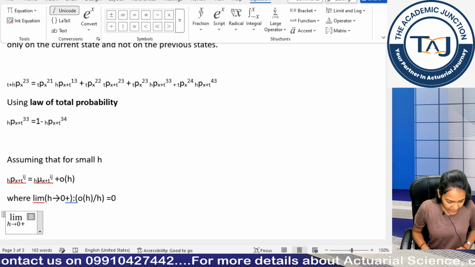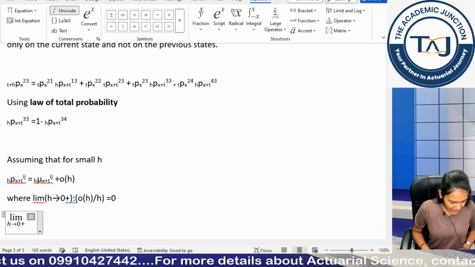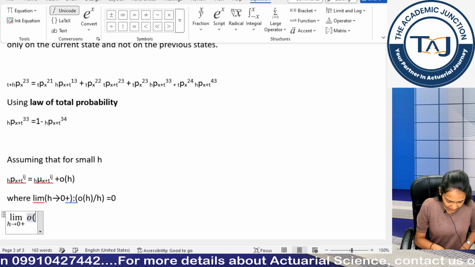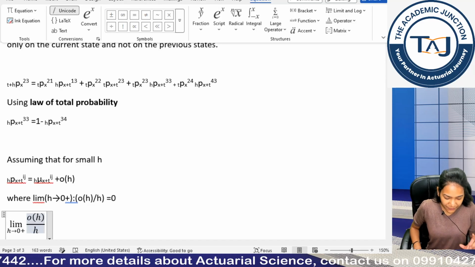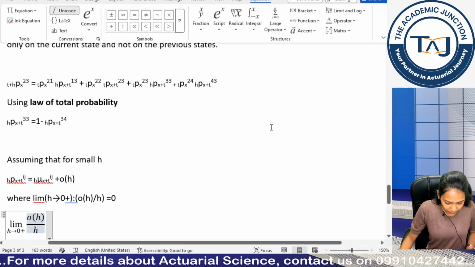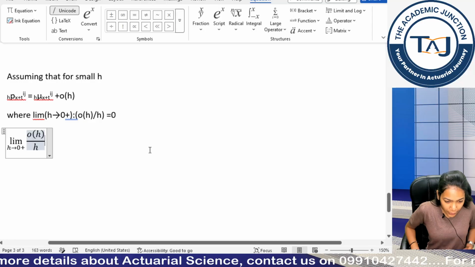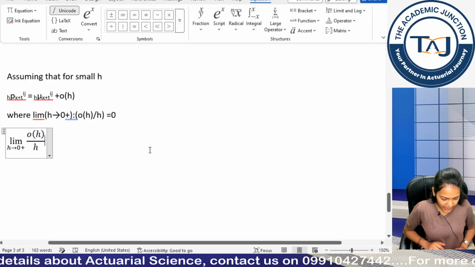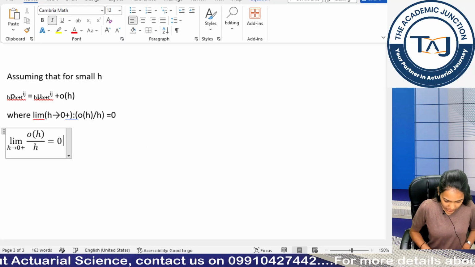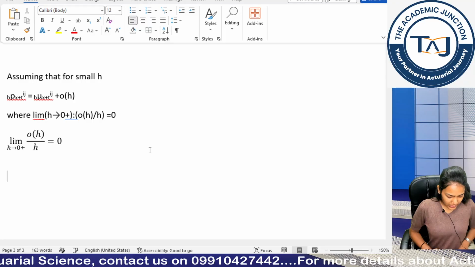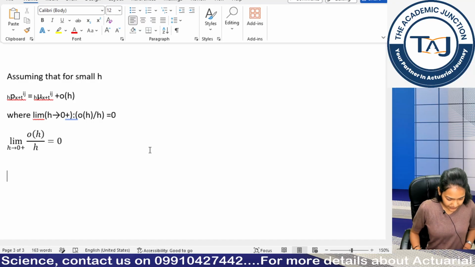Then I simply write space bar, not enter, space bar. Okay, now I have to write whatever I want to write within my limits. So this. Okay, now I am still within the blue space, that's why I have to come out of this blue space. So I will use my forward arrow key. Is this clear? And this is equal to 0, of course. So this is how you write the things.